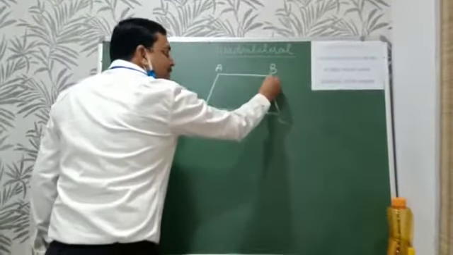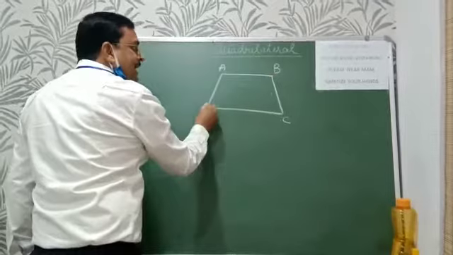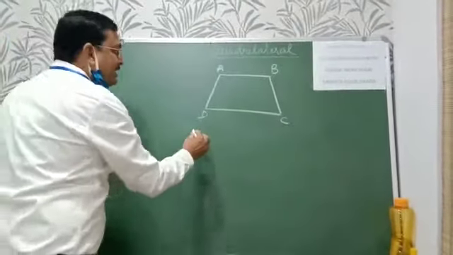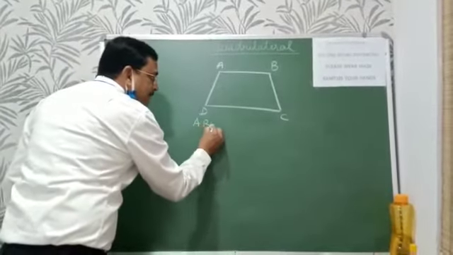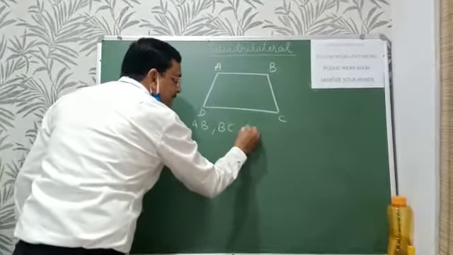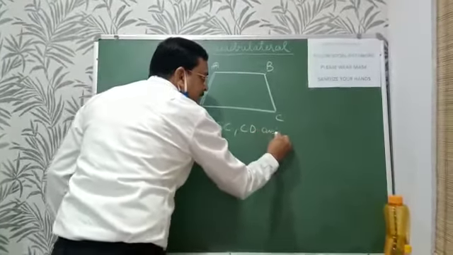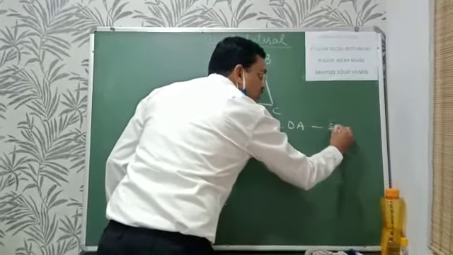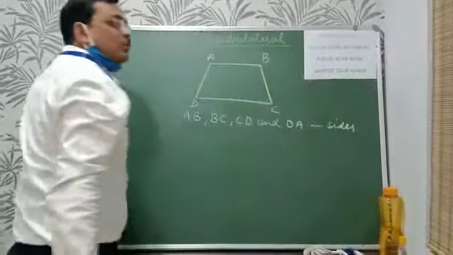AB, BC, CD and DA are called the 4 sides of the quadrilateral. I am writing here AB, BC, CD and DA are called the 4 sides of quadrilateral.